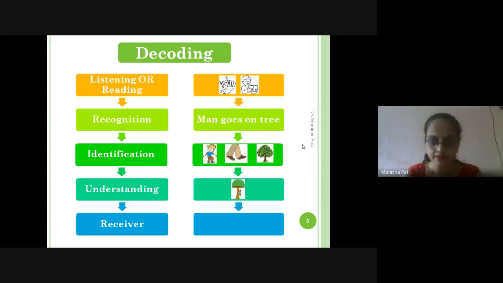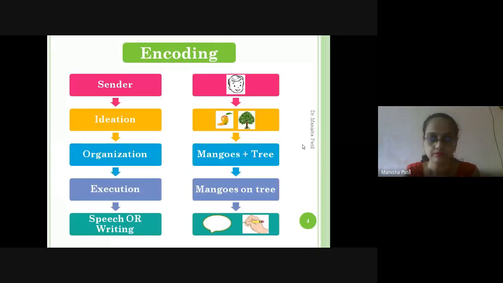See the previous slide. When I say mangoes on tree, spelling is same. The only difference is a small space. Man goes on tree and mangoes on tree.